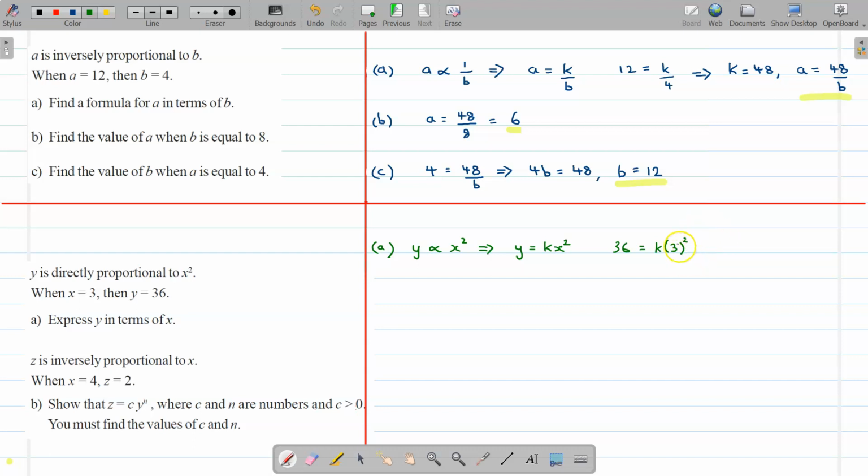Well, 3 squared is 9, so 36 equals 9k, which implies that k equals 36 over 9, which is 4. Okay, it's fairly easy to see that k would be 4. So therefore our equation of proportionality becomes y equals 4x squared.